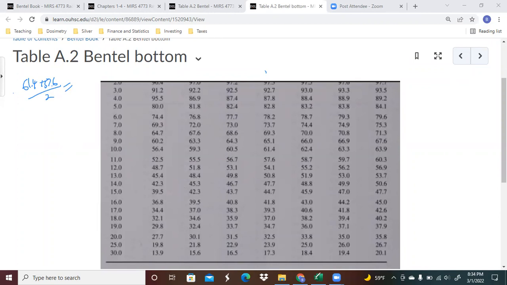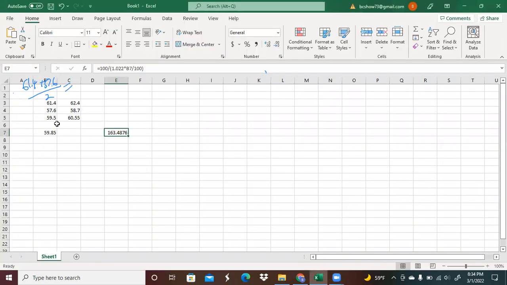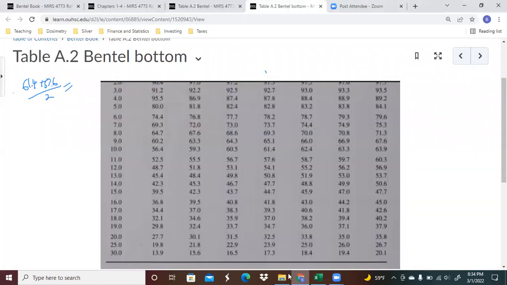If you do the math on that, it should turn out to be 59.5. So this value right here is going to be 59.5.